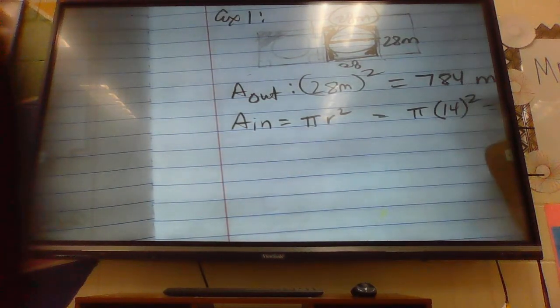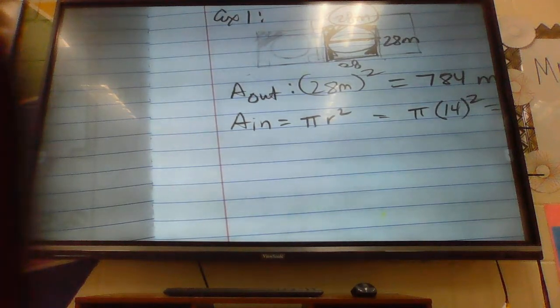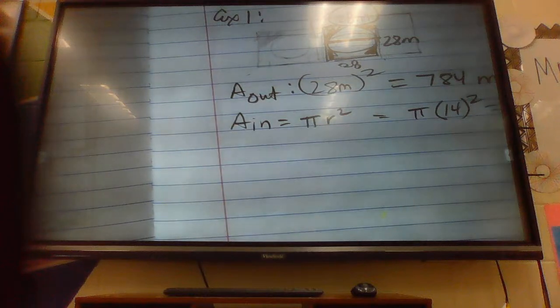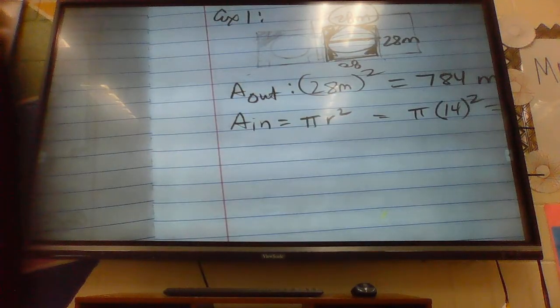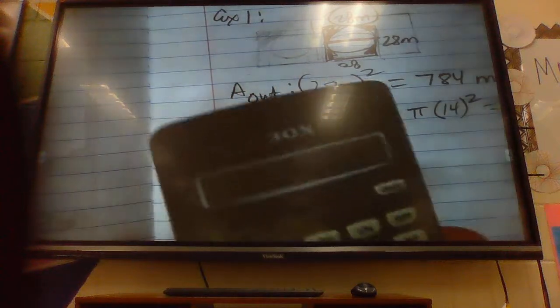So then we get 615.8 meters squared. Really? I don't really know why anybody wants to yell out. 0.4, yep.